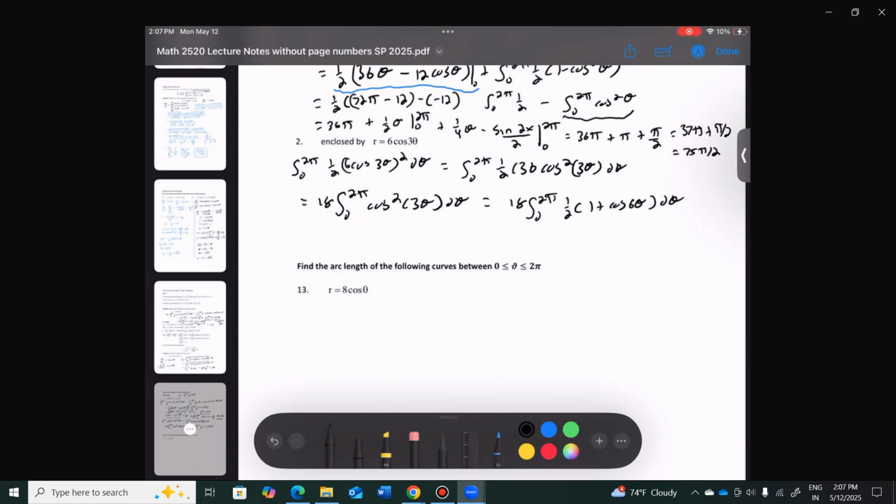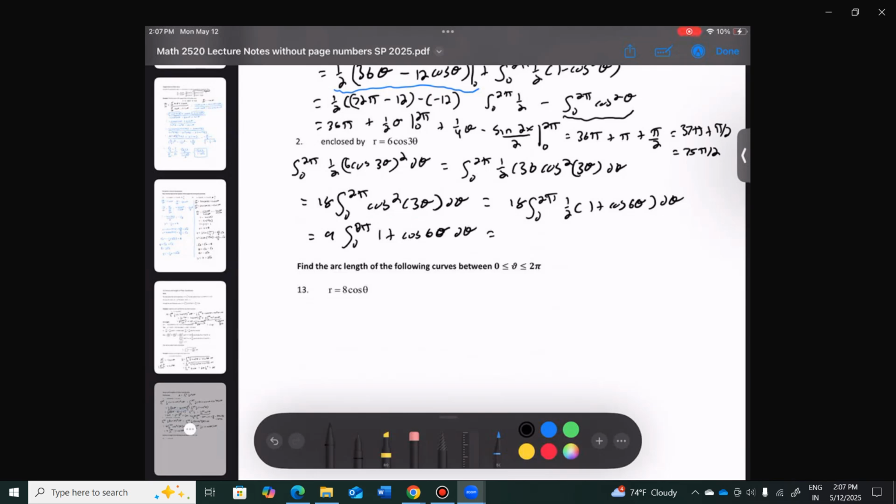And so that'd be equal to 9 times the integral from 0 to 2 pi of 1 plus cosine 6 theta d theta.